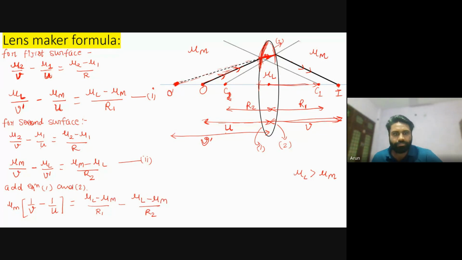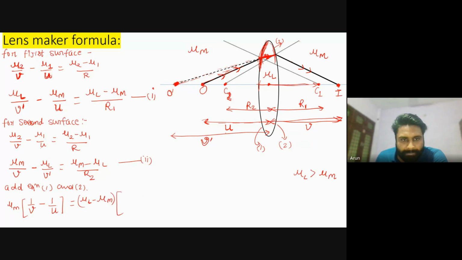Any kind of doubt? I have taken minus common, so it will become mu L minus mu m. So the same thing is here. Now mu L minus mu m is also common, so I will write it as mu L minus mu m, 1 upon R1 minus 1 upon R2.